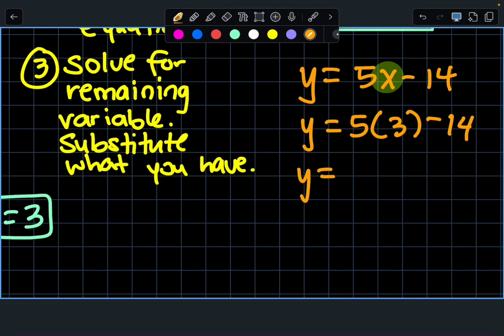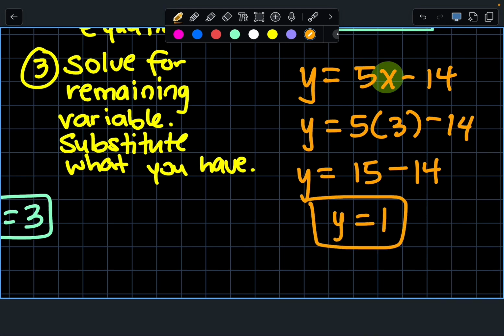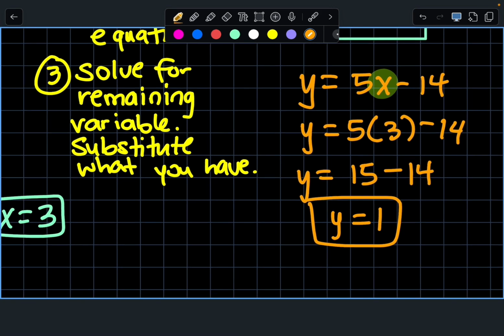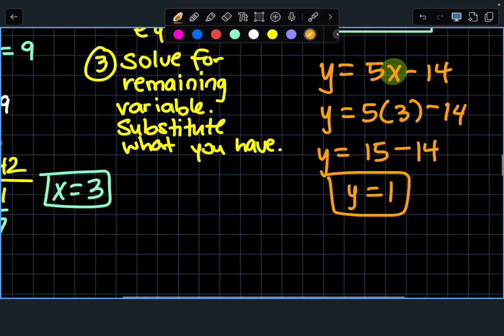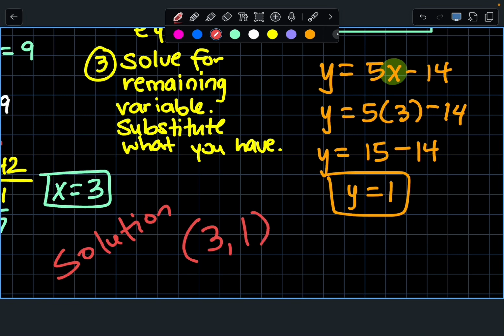Well, 5 times 3 is 15. 15 minus 14 is going to equal 1. And we have solved for both variables. So our solution is 3 and 1.